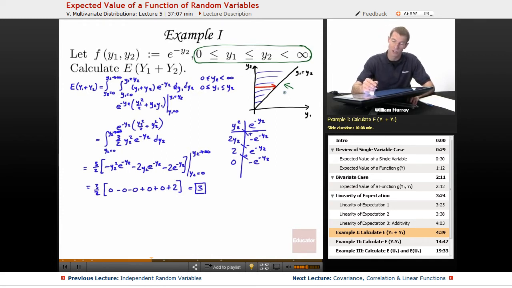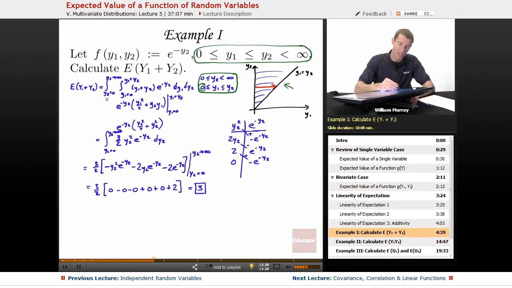And then I wanted to describe that region in terms of y1 and y2. And I thought it'd be easier to list y2 first, because then I could get a 0 for the lower bound on y1. That makes my life slightly easier to have that 0 there. So that's why I picked y2 to list first. I could also have done it with y1 first, but it would have made it a little more messy.